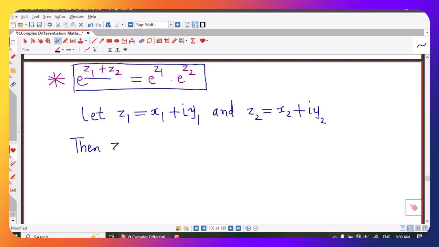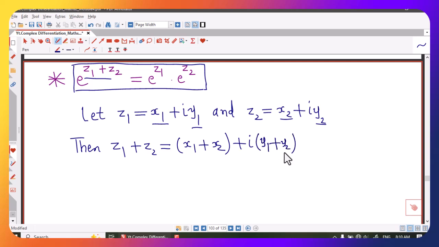So we first write down z1 plus z2 also. To add two complex numbers we add their real parts, that is x1 plus x2, plus i times the imaginary parts, y1 plus y2.